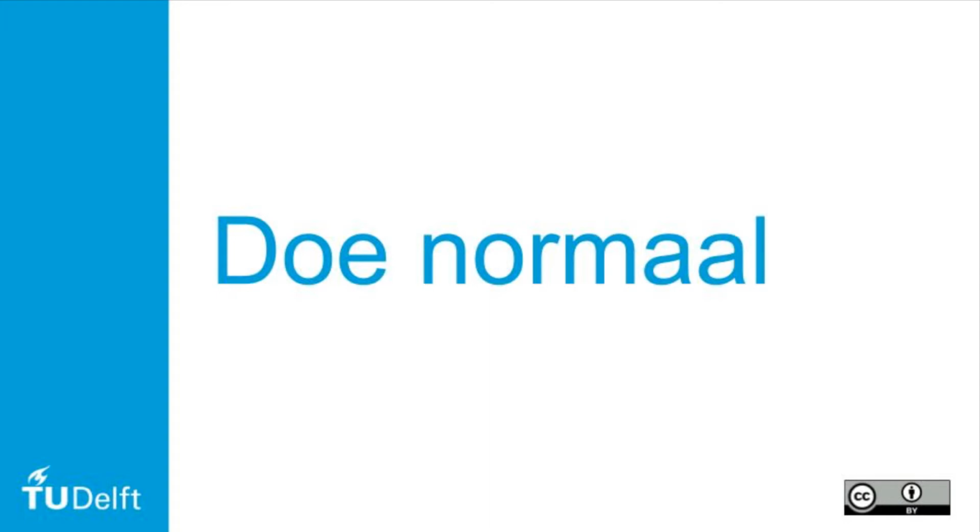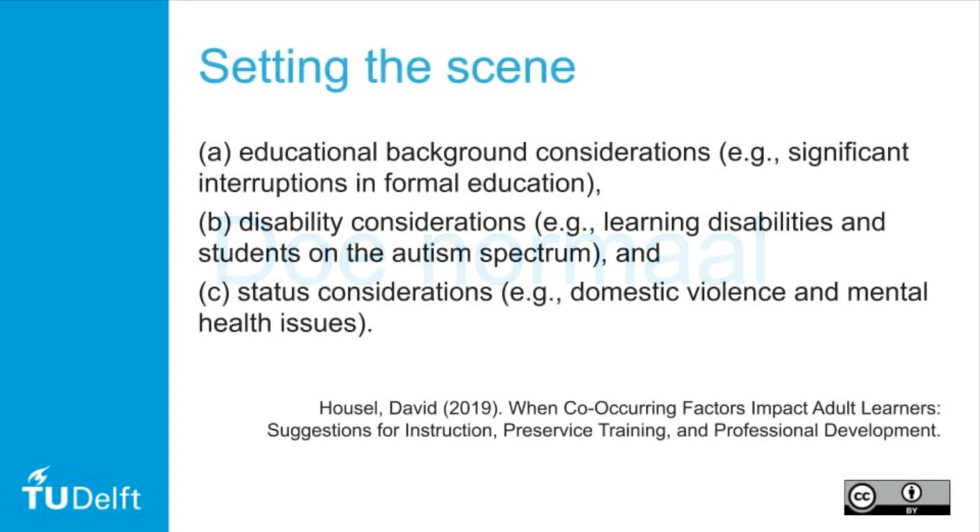So sometimes part of what you do in a course with that socialization and the engaging students is actually teaching them what is normal, so that they can have a good experience and interact well with the others who are in that normal setting for them. And so part of setting the scene is realizing that not every student comes with the same background, which means that they may not all have the same educational background considerations.